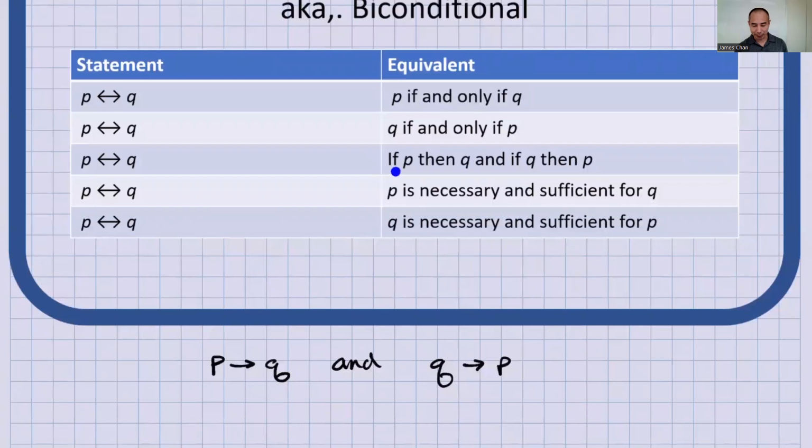And notice that this is why I just wrote down here: if P then Q and if Q then P. These would be considered biconditional because it is going in both directions. Any questions on that?